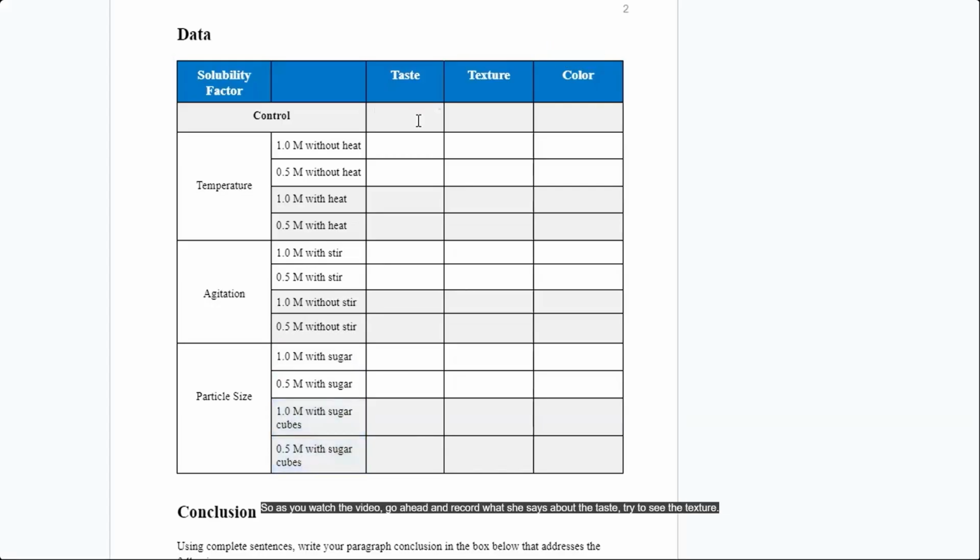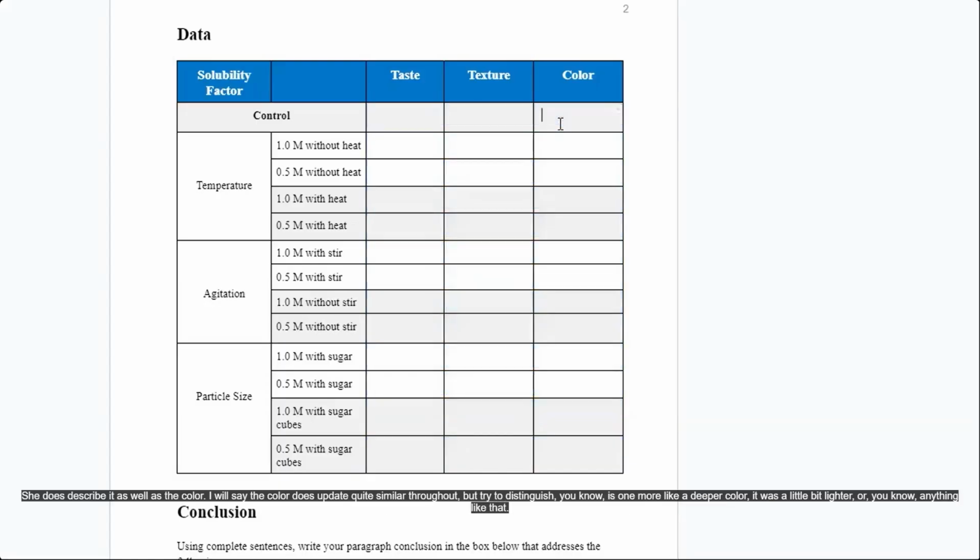So as you watch the video, go ahead and record what she says about the taste. Try to see the texture. She does describe it as well as the color. Now, I will say the color does appear quite similar throughout, but try to distinguish, is one more like a deeper color, or is it a little bit lighter, or anything like that that you can.